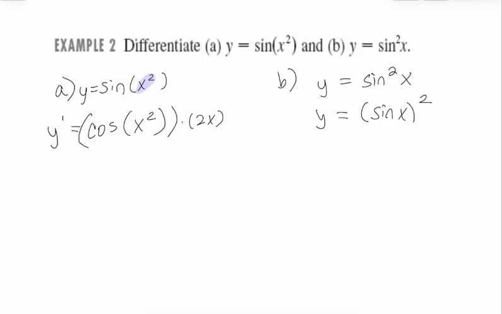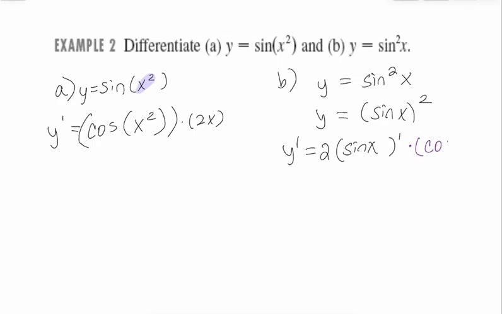So our outside function is the square. We do what we know about the power rule. Power goes down in front, power goes down by 1, so that's the first power. The stuff stays there. But now don't forget to multiply by the derivative of the stuff. What is the derivative of the stuff that's sitting there?